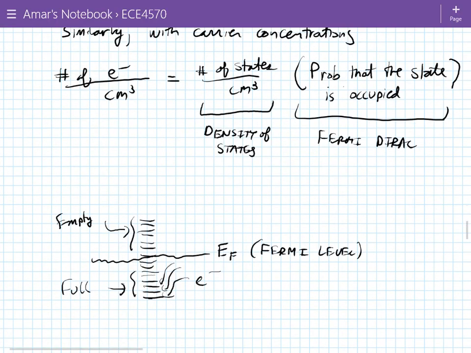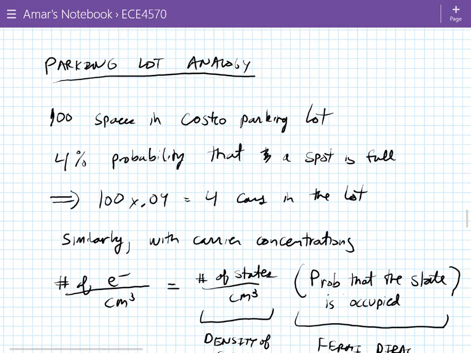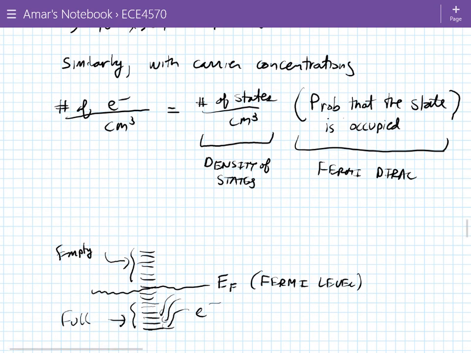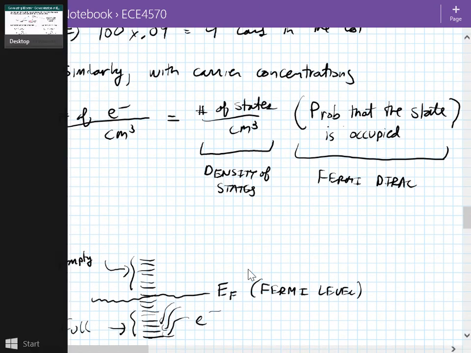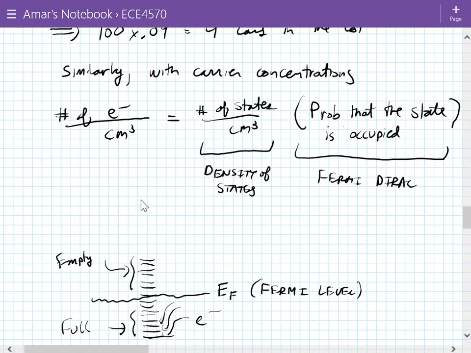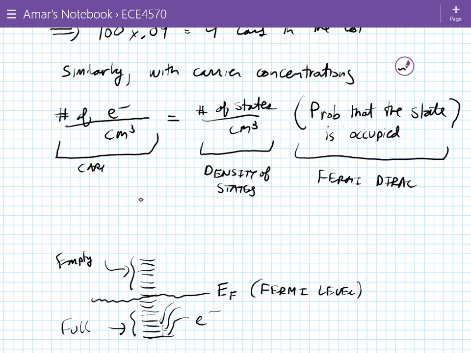So, with carrier concentrations, carrier concentration is also called carrier density.